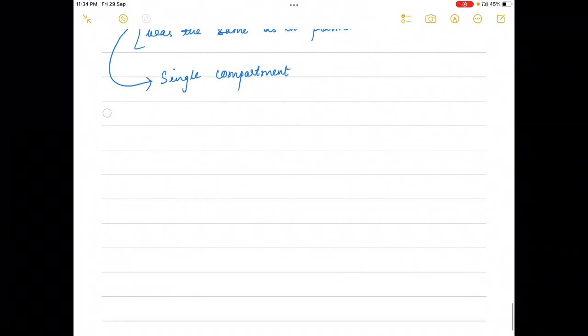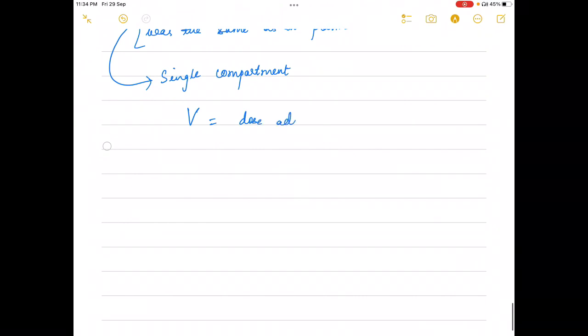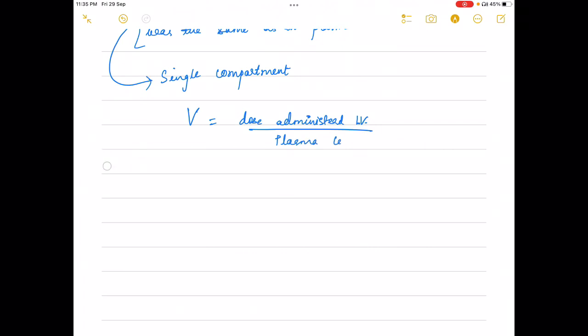Okay, so if we assume that the body behaves as a single homogeneous compartment with volume V into which the drug is uniformly distributed, V will be equal to the dose administered IV divided by the plasma concentration of the drug.